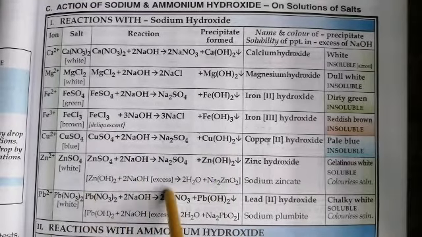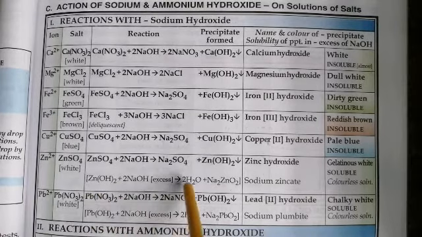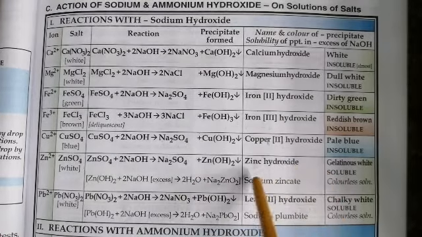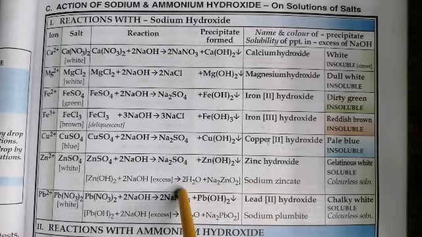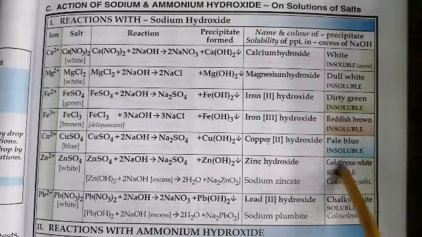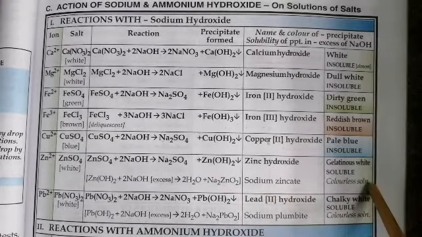Look at the reaction. Zinc hydroxide plus sodium hydroxide in excess gives you water and sodium zincate. That means it is soluble in excess of sodium hydroxide.